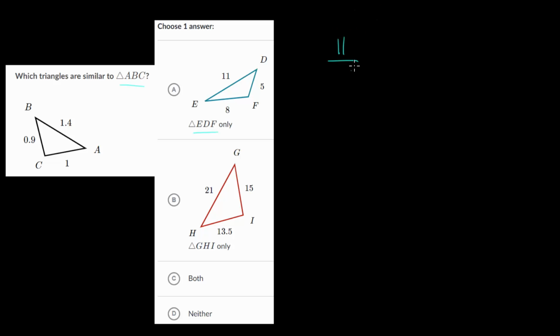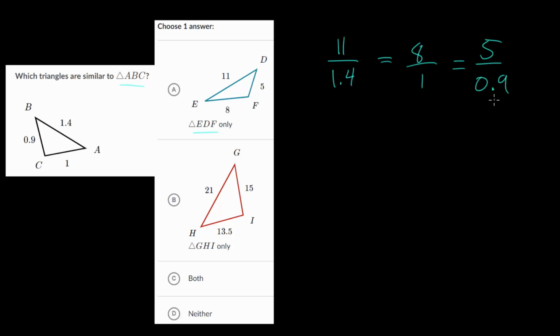We can take 11 and divide it by 1.4. And if these two triangles are similar, then this would be equal to the ratio of the middle side in this triangle and the middle side in this triangle, which is 8. And we will divide that by 1. And we can also compare the smallest sides. So we have 5, and we'll compare that to 0.9.